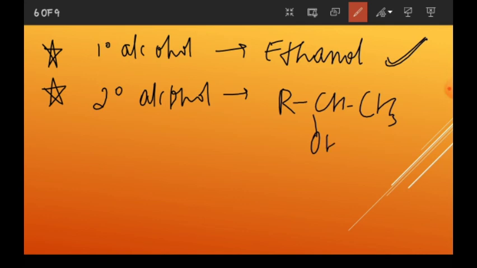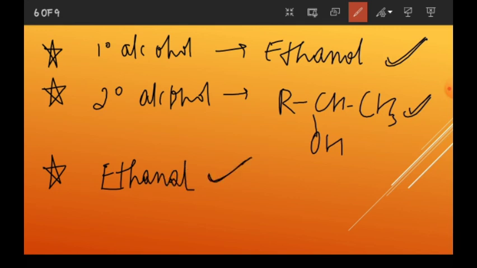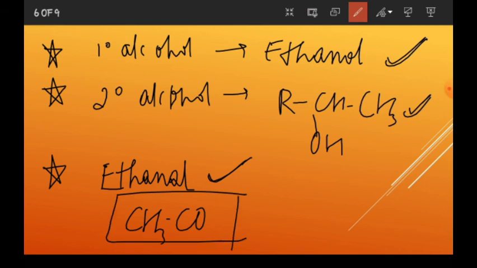And among aldehydes, ethanal is the only aldehyde which will give this test, because the condition is CH3CO. So if any question comes, you need to identify whether this group is there, then you can write down the iodoform test. Now suppose I am discussing one question with you.